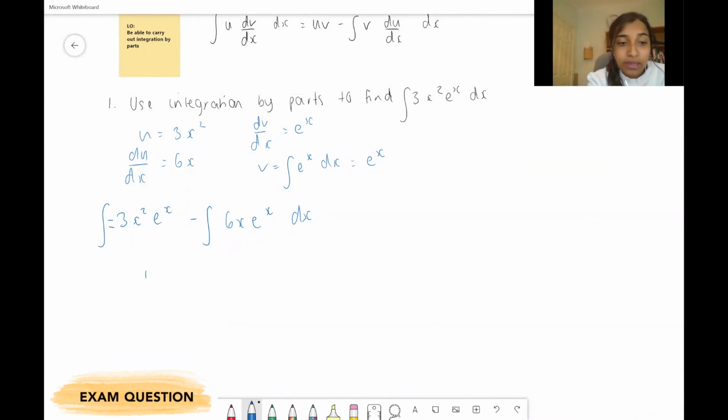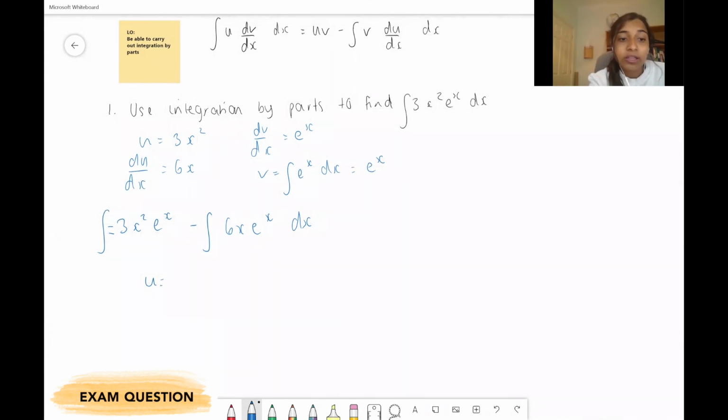So again, we want to find a u and a dv over dx. If we call our u 6x, then our du over dx is 6, and hopefully that means we can integrate everything fully without needing to do anything else. If we call our dv over dx e to the power of x, then our v is e to the power of x again.